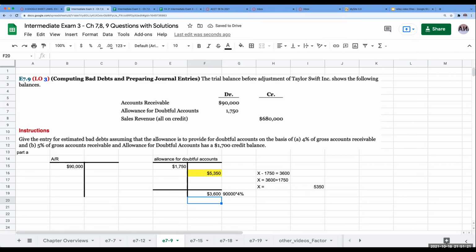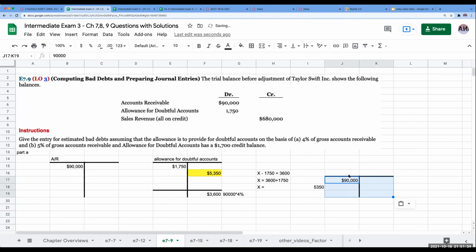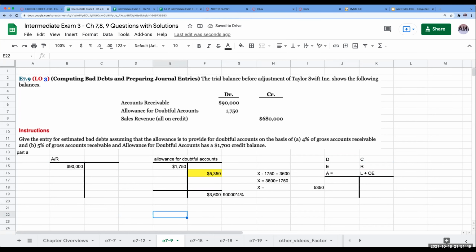When I'm preparing the adjustment to record bad debt expense, it is always the same. And just remember our favorite little T account, showing assets equals liabilities plus owner's equity, expenses, revenues, debit, credit. When I record bad debt expense, it's at the end of the period, 12/31.